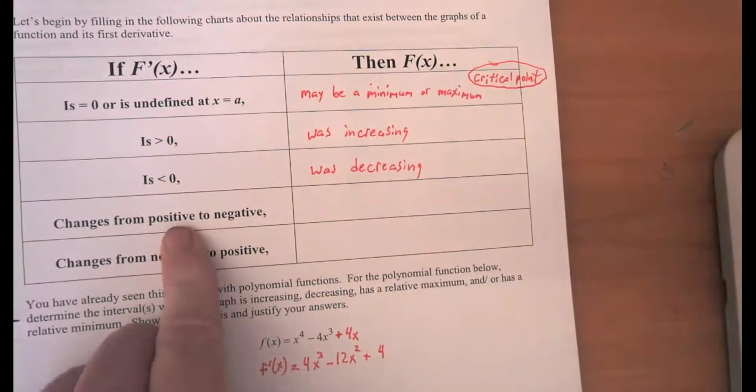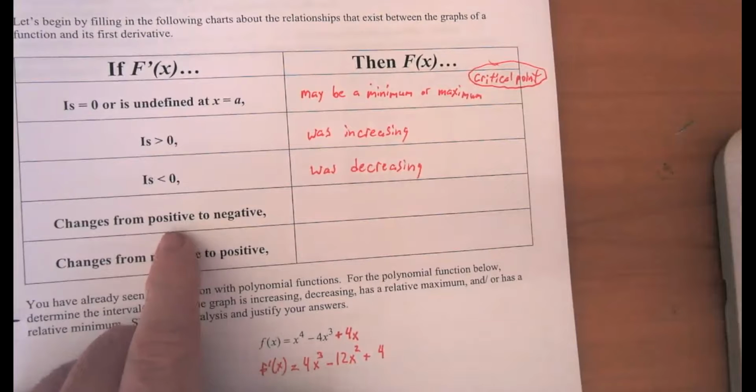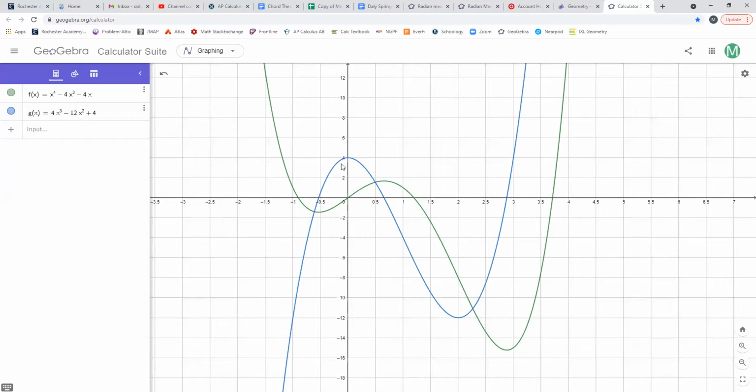Let's go back and check again what happens when the derivative changes from positive to negative. So here's a point where it changes from positive to negative. So it is increasing for a while, then it stands still for just an instant, and then it starts decreasing. So increasing, stopping at a top point, and then decreasing, that is a maximum point or local maximum point.